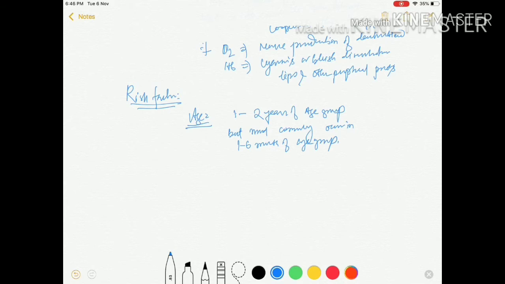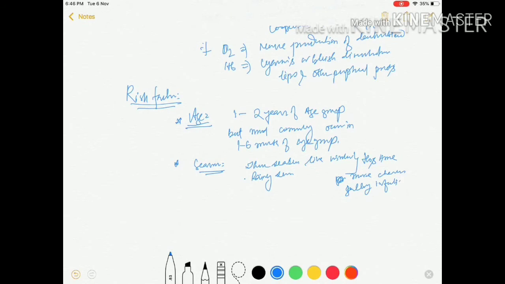What is the other risk factor? The season, like winter and the rainy season. At this time there are more chances of getting infections. Why?